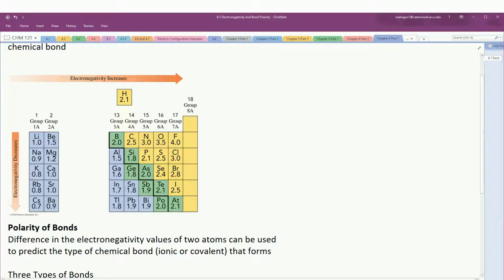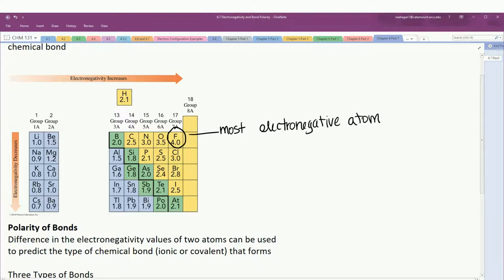So fluorine is our most electronegative atom. The closer it is to being in a stable electron configuration, the more electronegative the atom is.